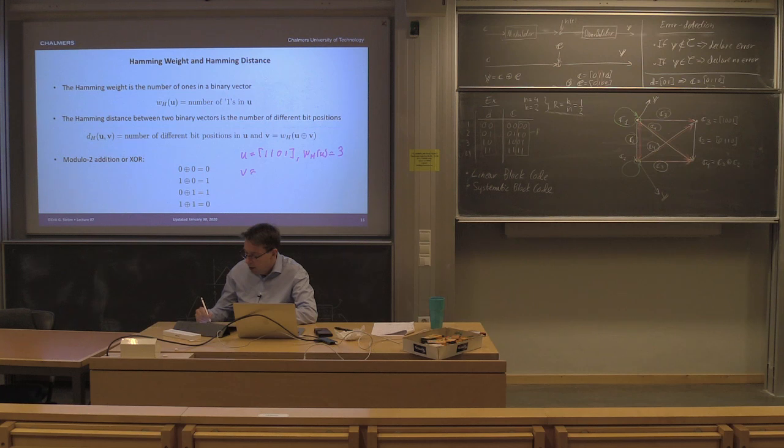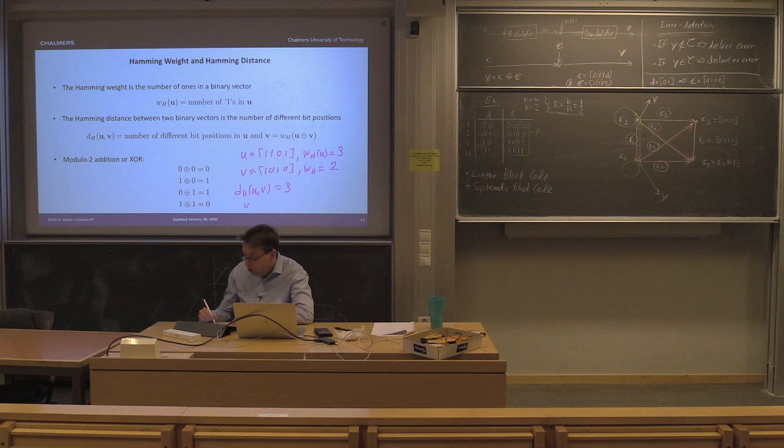If v is equal to 1, 0, 1, 0, what's the Hamming weight of v? 2. What is the Hamming distance between u and v? 3, right? Because they have the same first position, but they differ in the second, third, and fourth positions. So they differ in 3 positions.